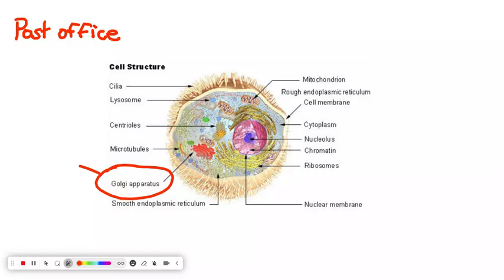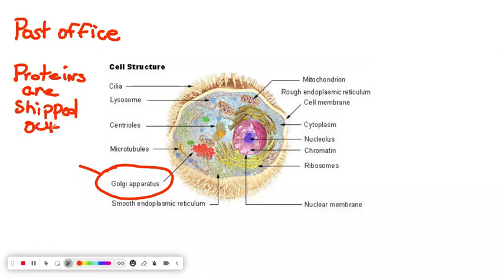In the Golgi apparatus is where they're going to take the proteins that were made in the ER and the ribosomes, and they're going to modify them. They're going to change them. They're going to add to things. They're going to label them and send them off. So in the Golgi apparatus, proteins are shipped out to wherever they're needed.